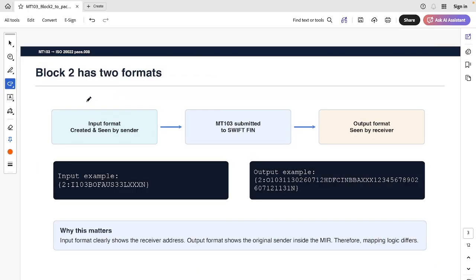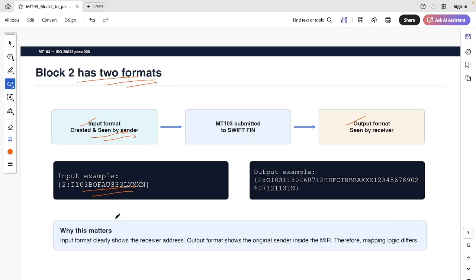Block 2 can appear in two formats. One is the input format, and the other one is the output format. This is one of the most important concepts in understanding the FIN application header block. The input format is created and viewed by the institution that submits the message into SWIFT FIN. That is, in short, the sender. For example, you can see this particular value.